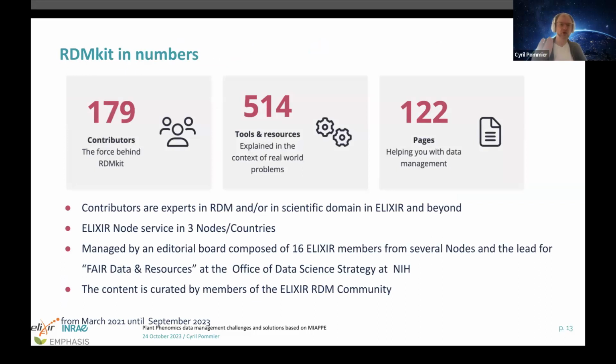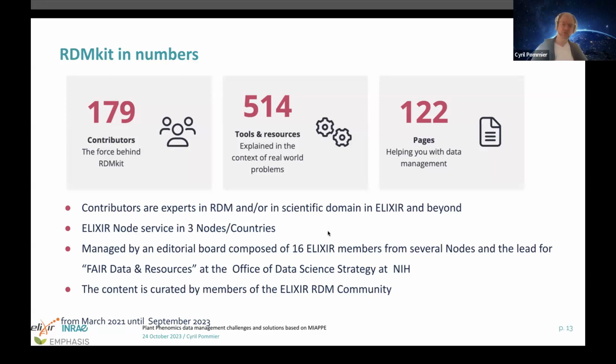The RDM Kit works because there are many people behind it. So far, 180 contributors, and a lot of tools and resources put in perspective together. The contributors are experts in research and data management or in scientific domains in ELIXIR and beyond.